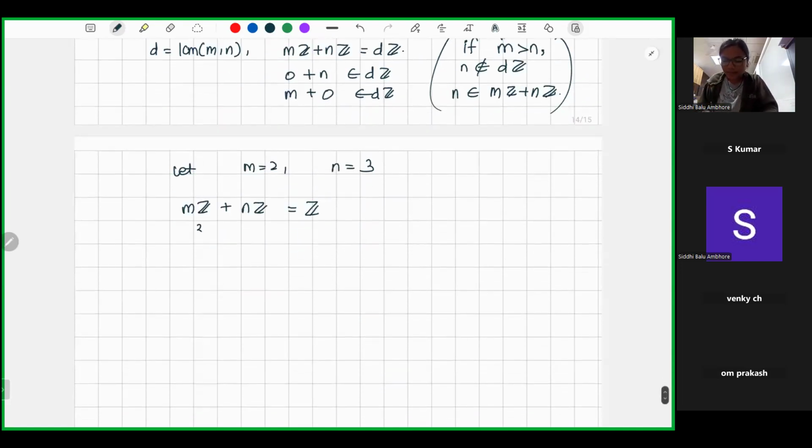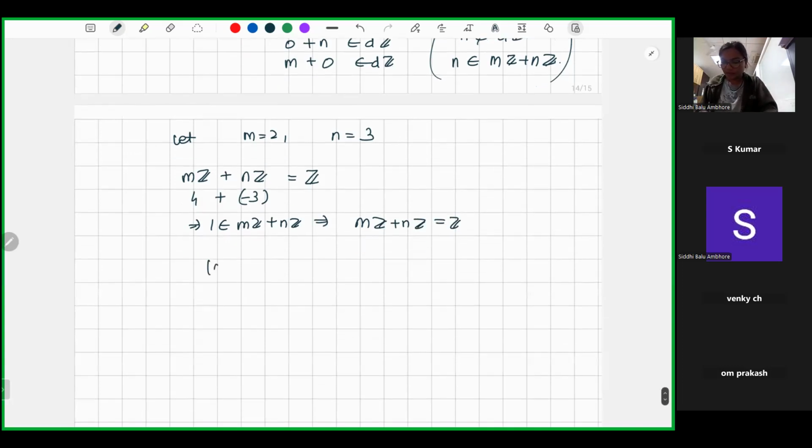Because 1 belongs here: I can take 4 from here and minus 3 from here, and their addition, which is 1, belongs to Z. The moment I have 1 in this group, 1 belongs to mZ plus nZ, which implies mZ plus nZ is whole Z. But the LCM of m comma n is 6, and definitely Z is not equal to 6Z.